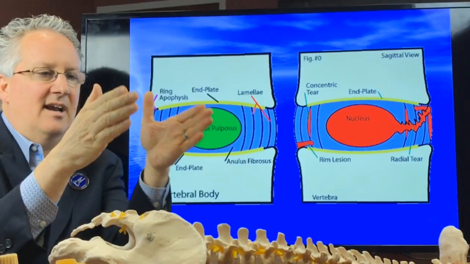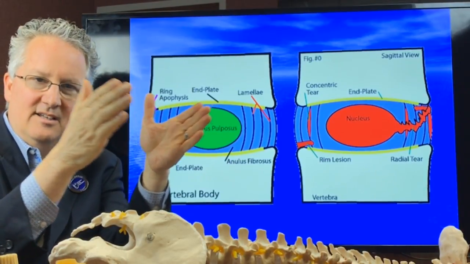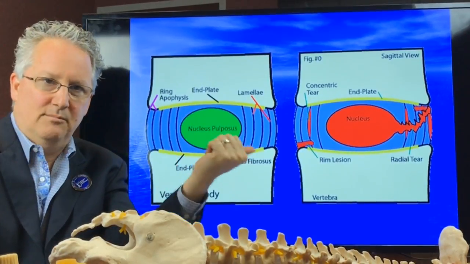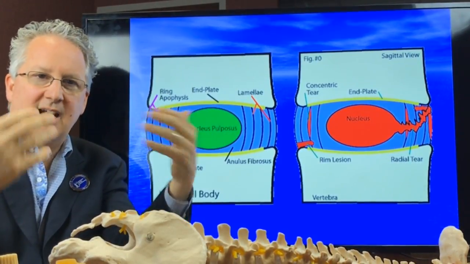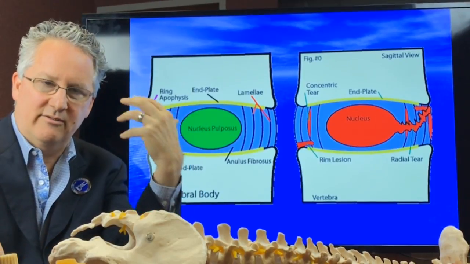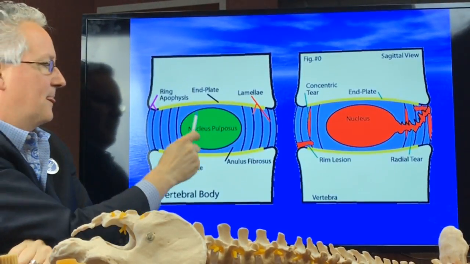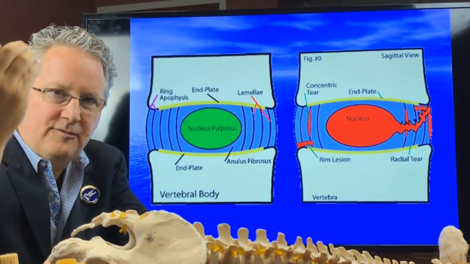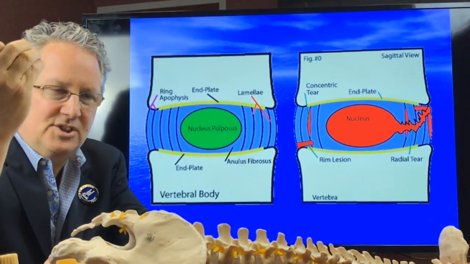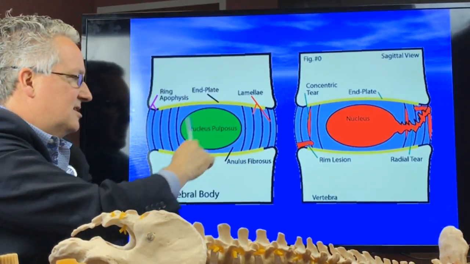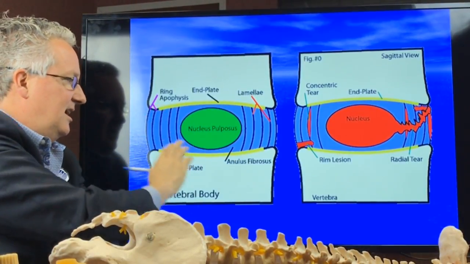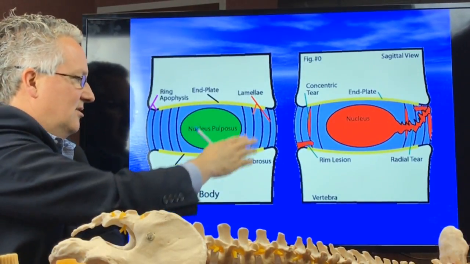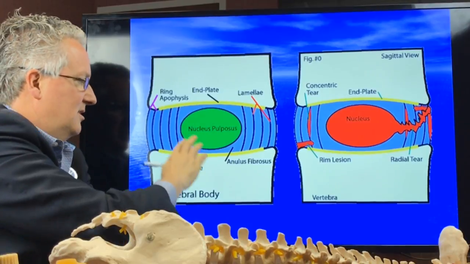When the tire has the proper amount of air, the tire is stable. But as the tire runs out of air and bulges out, the tire becomes unstable. You can't drive around on a flat tire. It's not good. So when the nucleus has the proper amount of fluid in it, it gives stability to the outer portion of the annulus. The stability of the disc comes from the nucleus.